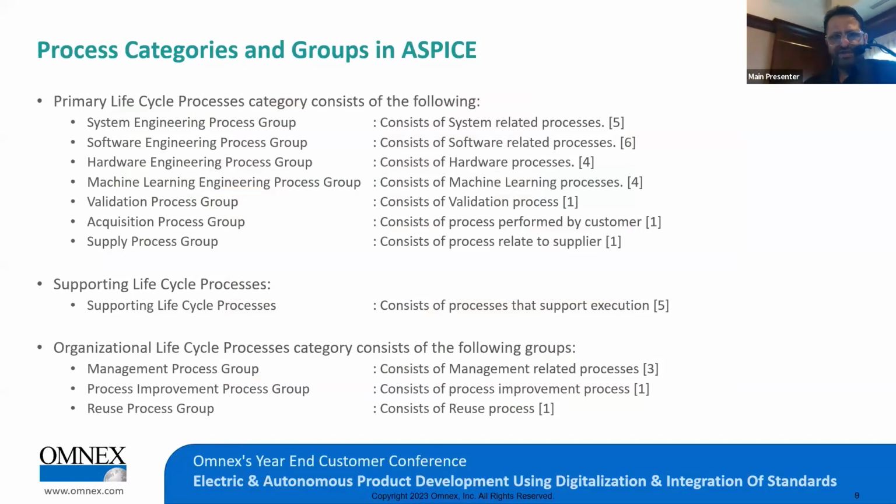In general, I just wanted to talk about the processes that we have. I guess all of you are well aware of the system processes, which talk about the system. We have the software processes in Automotive SPICE, which talk about the entire software development, then hardware, machine learning, which we just talked about. Supporting processes: in the morning, when we were having a panel discussion, we talked about some problems.